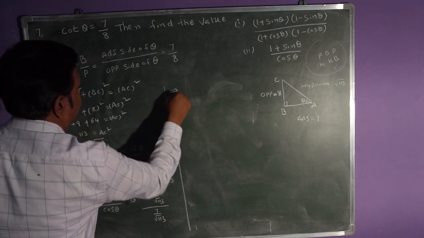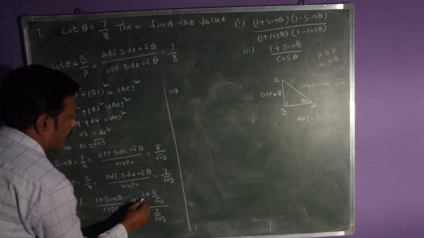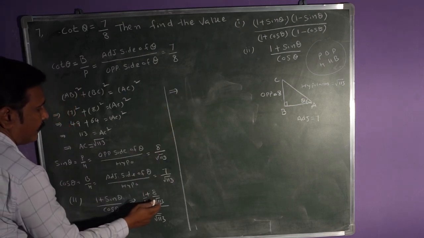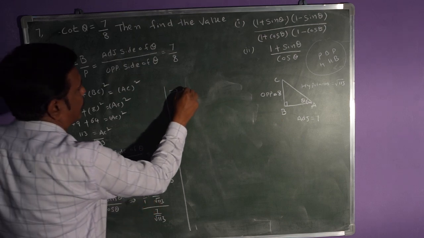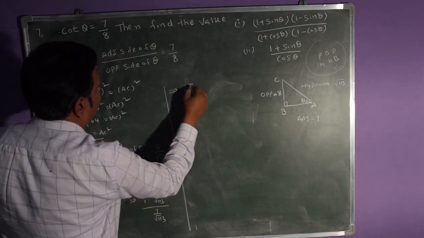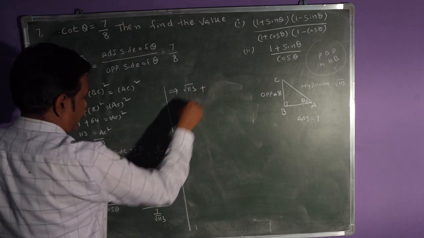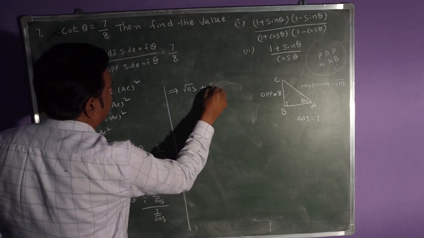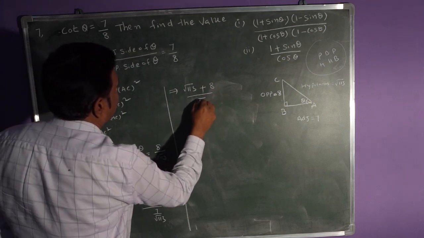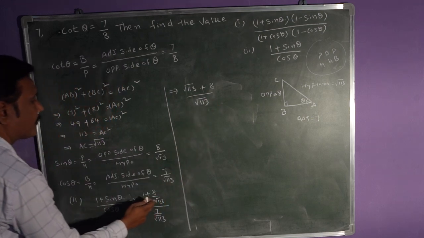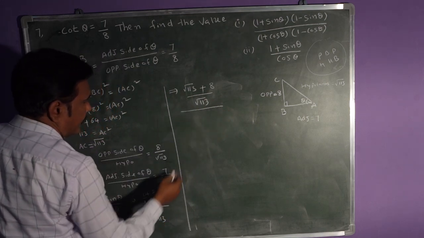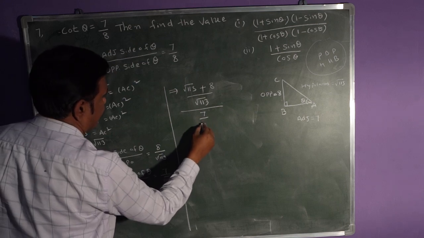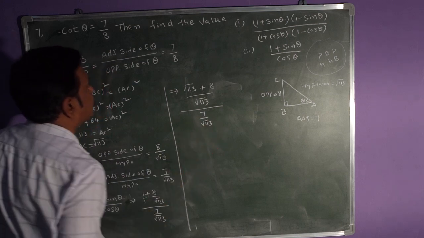Then this implies 1 means 1 by 1. Root 113 into 1, root 113 into 1. Root 113 plus 1 into 8 by root 113 into 1, root 113 by 7 by root 113.